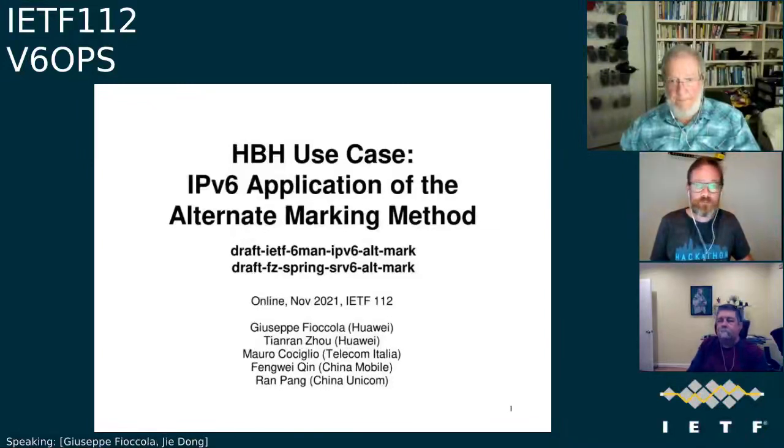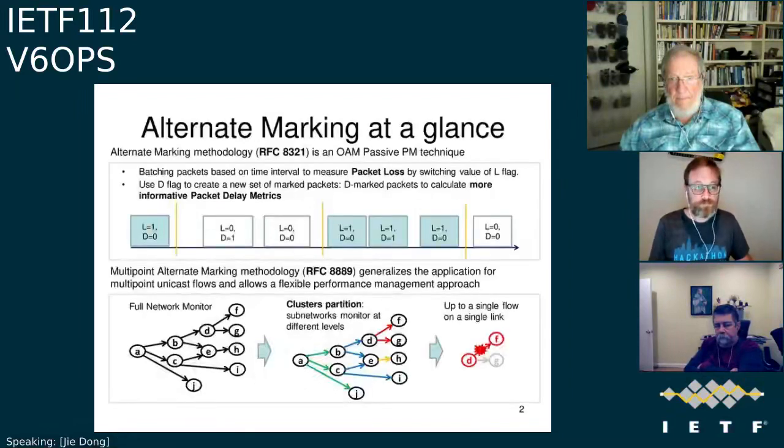Okay. Yeah, this is just a few words about another hop-by-hop use case, that is the alternate marking application for IPv6. So next slide. Yeah, just a few words about what the alternate marking is. It is an OAM passive performance measurement technique that allows the measurement of packet loss by switching the value of a bit called the loss flag.